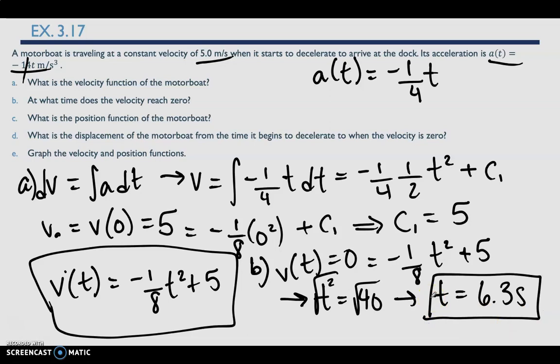Let's move on to C. It states, what is the position function of the motorboat? So we will go ahead and take our velocity function and integrate it to find our position function. So x of t will be the integral of v dt.